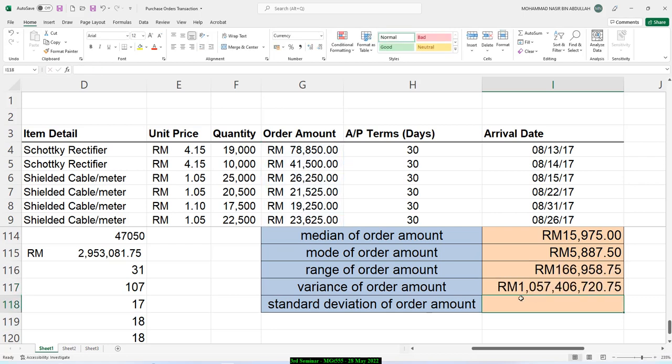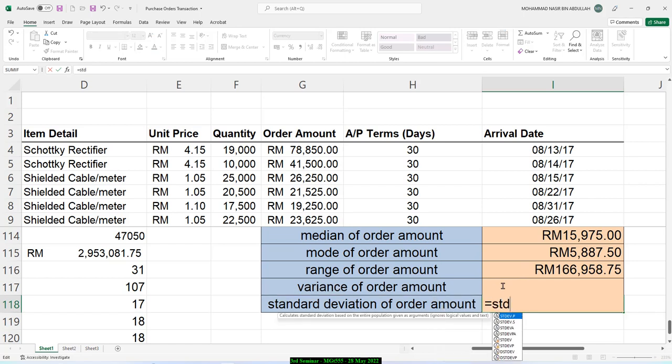So standard deviation is basically a square root of variance lah. Ataupun kita tak mau pakai square root of variance, kita boleh type STDEV. Standard deviation. So dia akan keluar banyak dekat sini. Kita ambil standard deviation for sample, sama juga G4 until G110 lah.